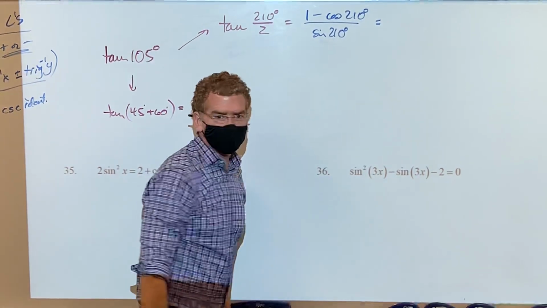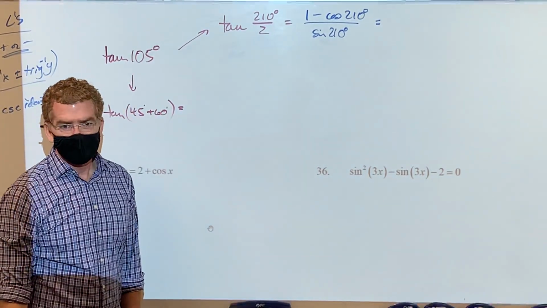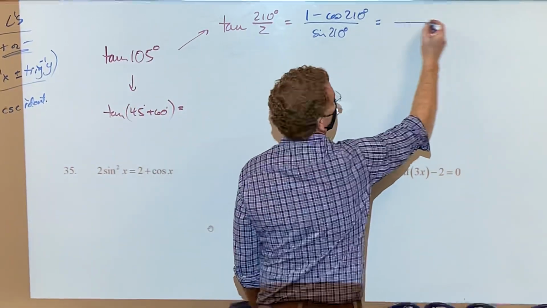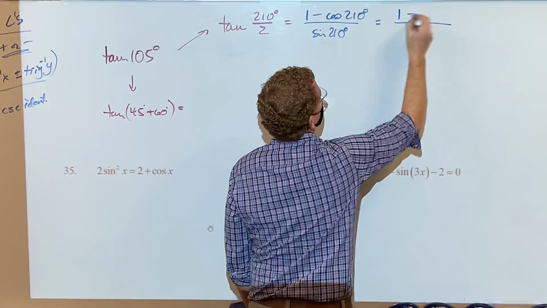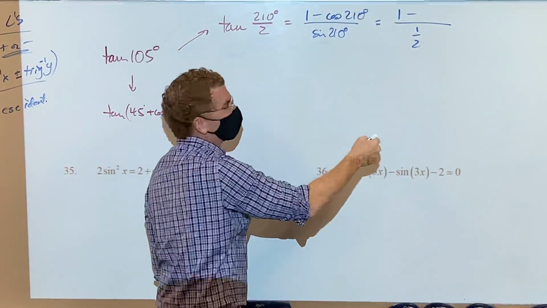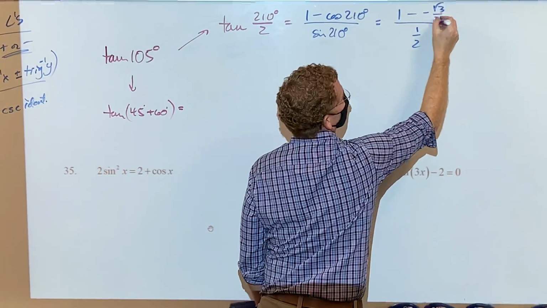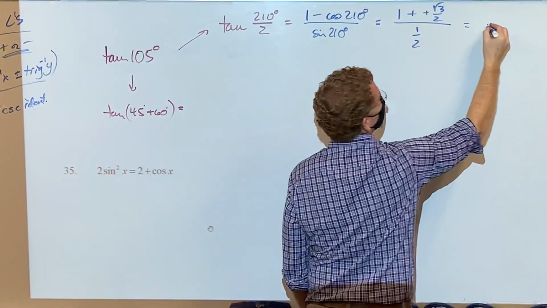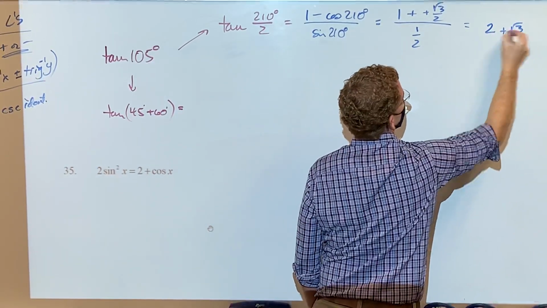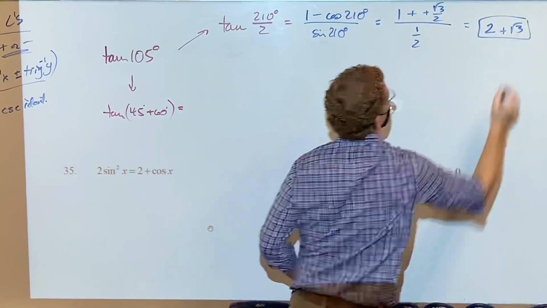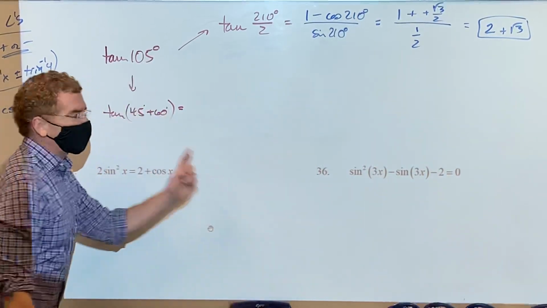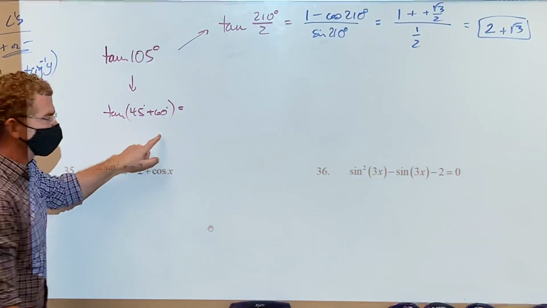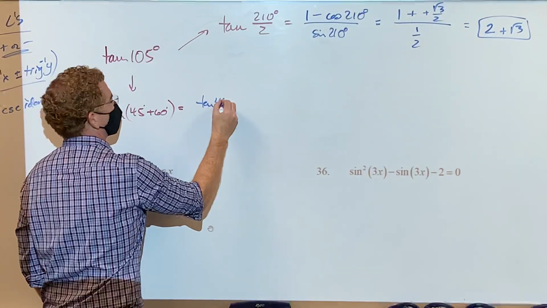What's sine of 210 degrees? It ends up being a half. And look how simple cosine of 210 ends up being negative square root of 3 over 2. And this simplifies, if I multiply the top and the bottom by a 2, 2 plus root 3 over 1, and I'm done.